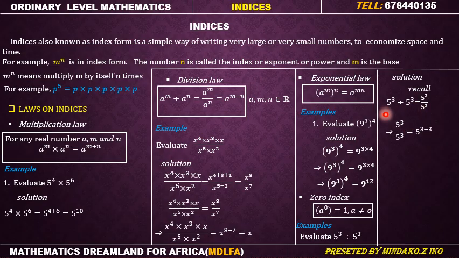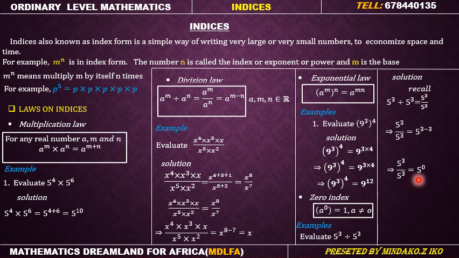By applying the division law, we know that 5 to the power 3 divided by 5 to the power 3 is equal to 5 to the power 3 minus 3, which is 5 to the power 0. And what do you notice? 5 to the power 0 is the same as 1. This is the zero index law, that a to the power 0 is equal to 1.